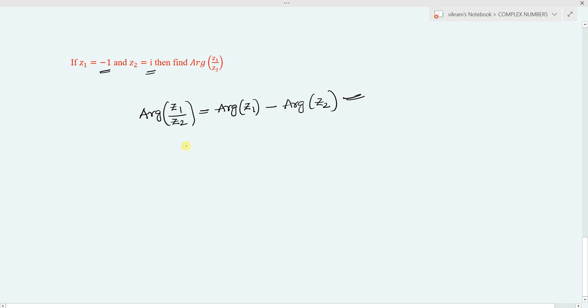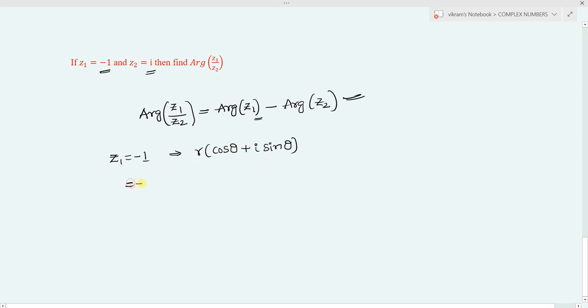Keep it aside. Now what is the condition given? z1 equals minus 1. That means we need to find the argument of z1. This has to be expressed in the form r times cos theta plus i sin theta.